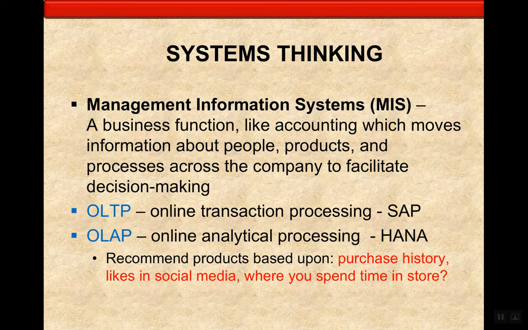One is what we call online transaction processing, OLTP, which is really around process execution and optimal execution. So what happens is, a customer buys something, and that end-to-end process is executed through an OLTP system.